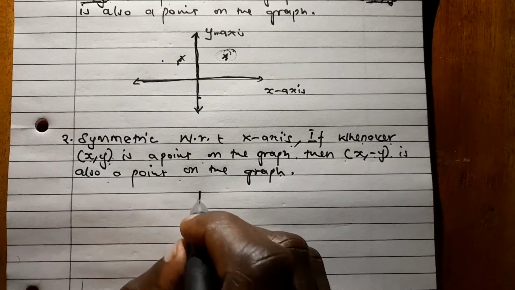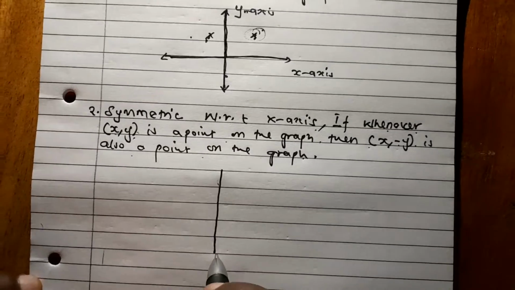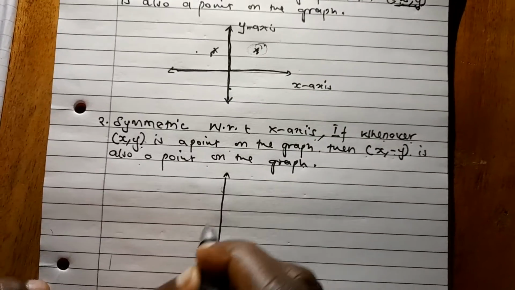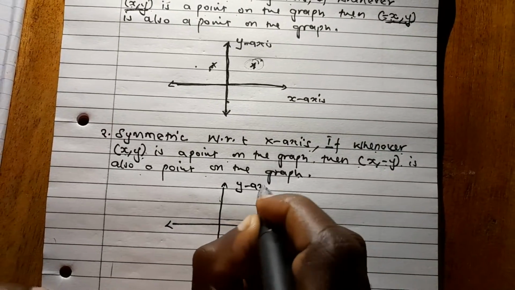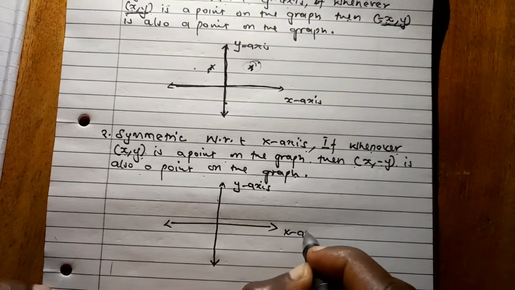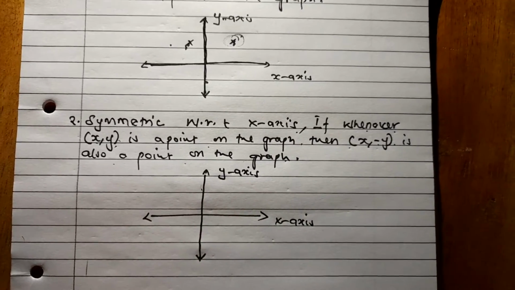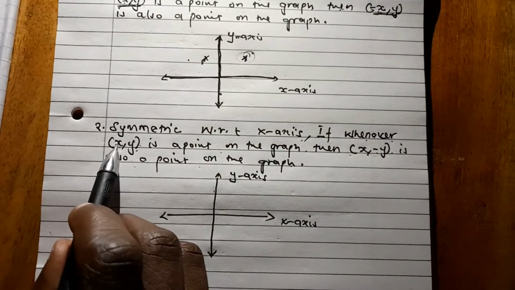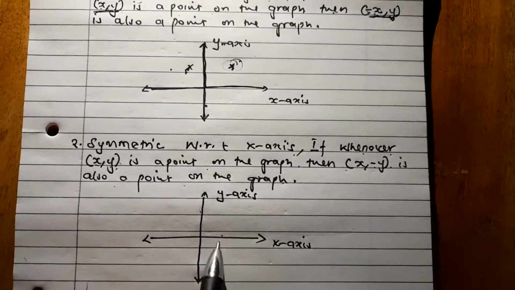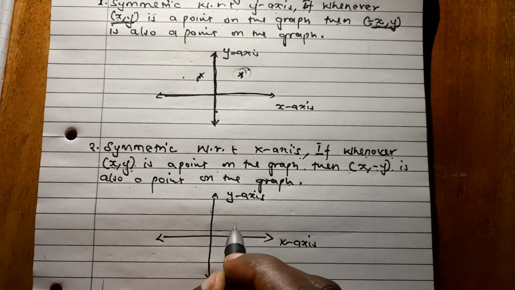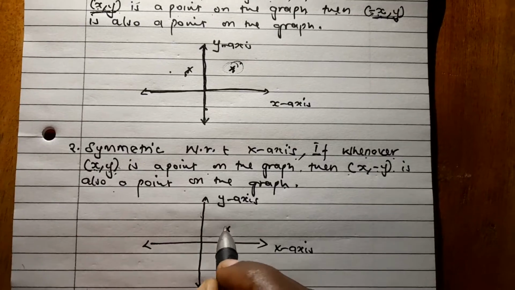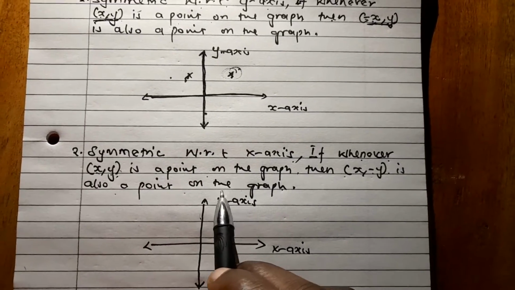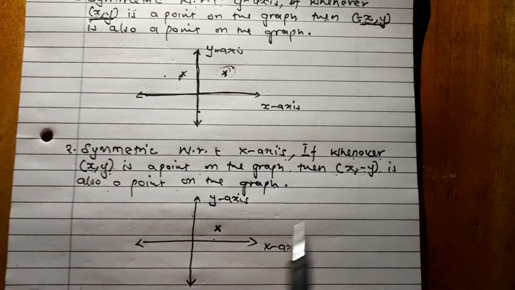Maybe we can as well have a graph here and try to understand it even better. This is my y-axis and this is my x-axis. So we are having a point x comma y, the positive x-axis, the positive y-axis. So x comma y, let's say it is a point here. We are also saying we'll be having another point x comma negative y.